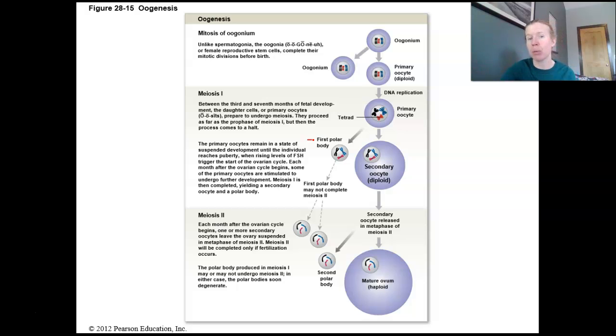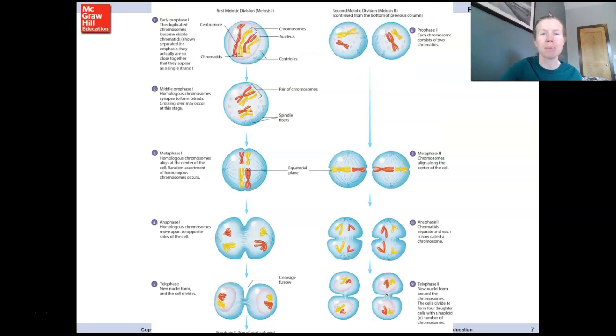That's just the genetic material, and it goes away. And then when we do meiosis 2, the same thing happens. We do nuclear division, but we don't give this polar body any of the cell contents. They all stay over here in the ovum. So kind of an interesting difference.